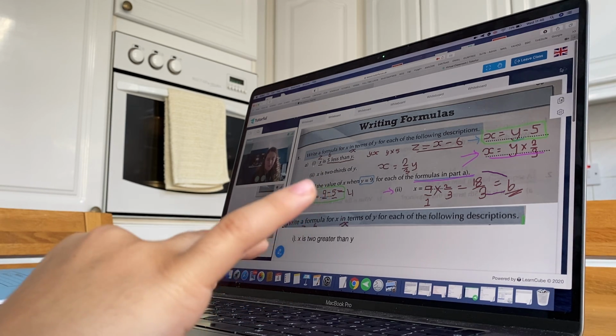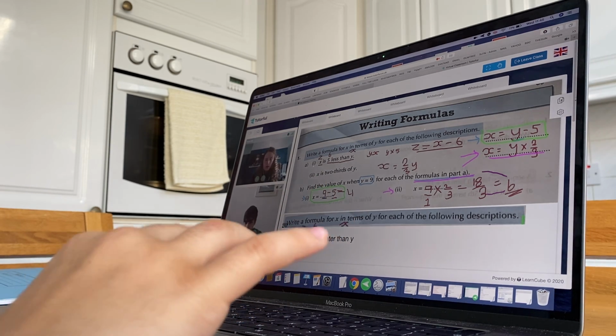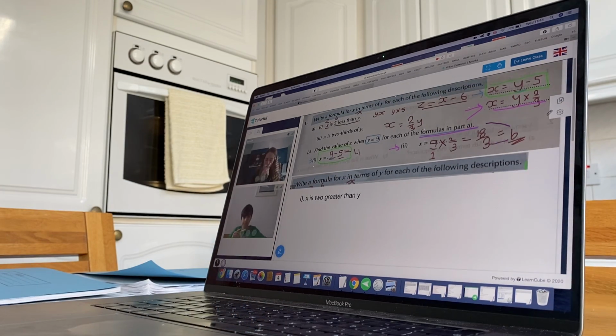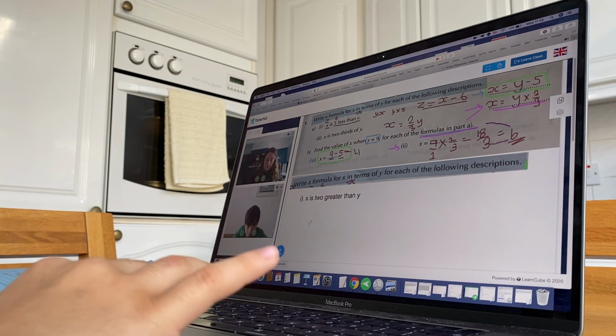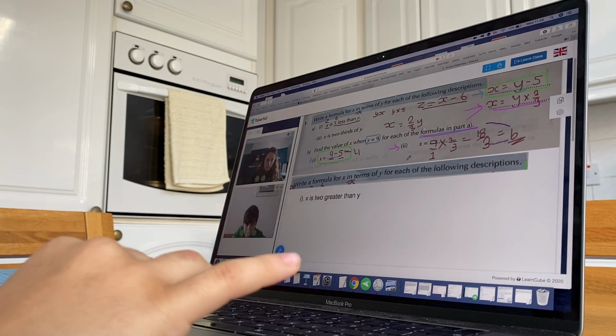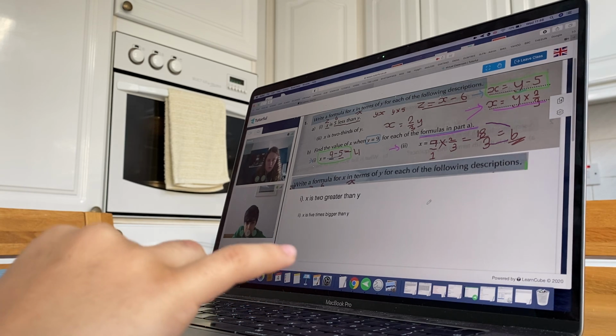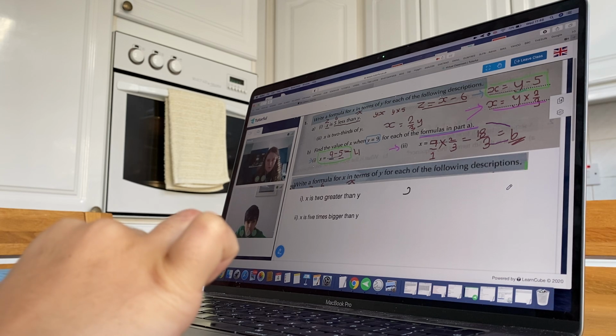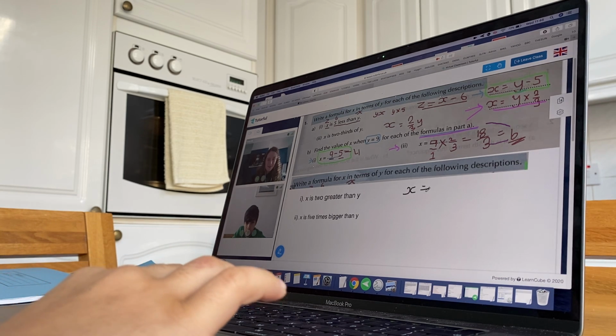So that's the first one. Okay. Let me do x is 2 greater than y. Okay, x equals y add 2. Yeah, brilliant.